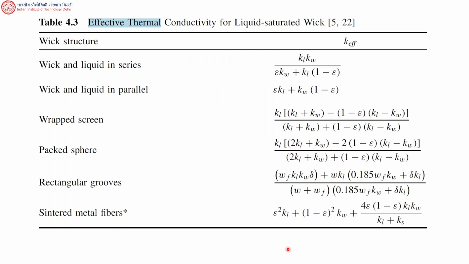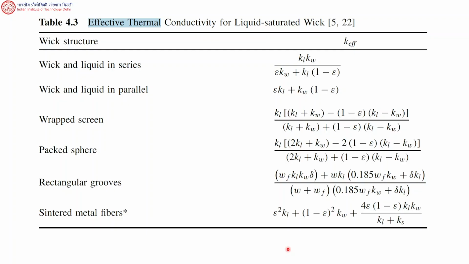Now we are talking about this effective thermal conductivity calculation. You will see from here that it depends on the geometry, and these are the expressions. These expressions are based on some models. Okay, so you have this wick made of screens, and then you can theorize it and make a model of this and write equations. But that part we will not do. We'll just pick this up from this particular table in the book.